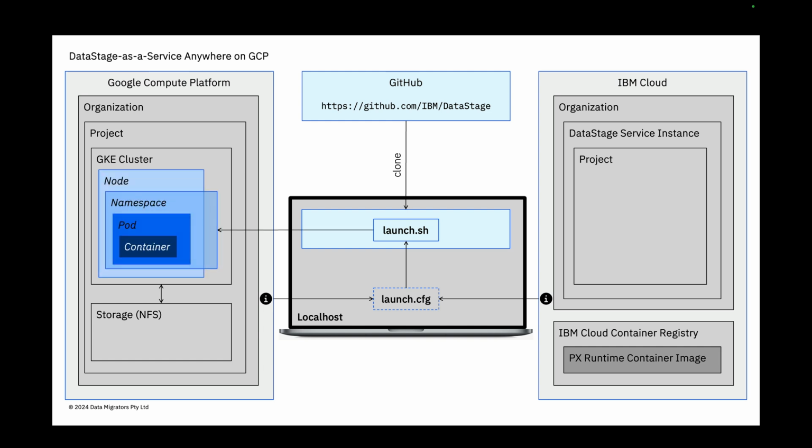That will then create all of the necessary cluster resources on GCP, and will create a remote runtime environment definition in our CP4D environment. So CP4D will know about GCP.